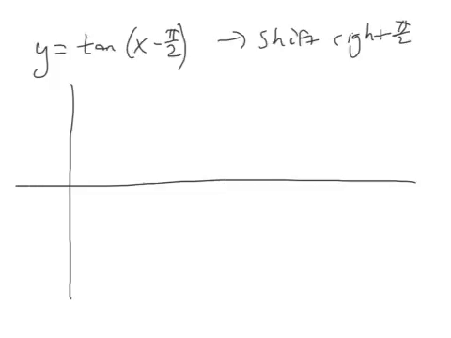So normally there's a vertical asymptote, let's just do some really light yellow here. Normally we have a vertical asymptote at pi over 2, negative pi over 2, 3 pi over 2 at the half pi's, right? 5 pi over 2 and so on.